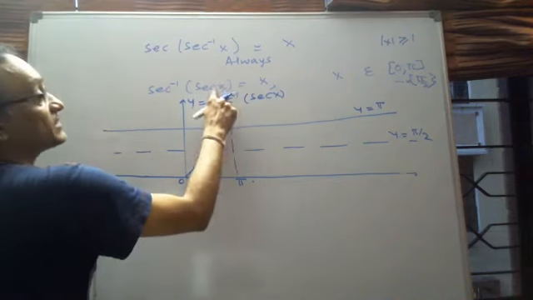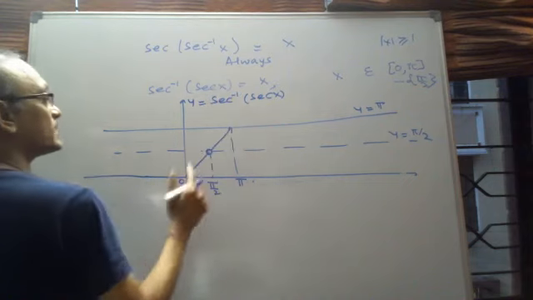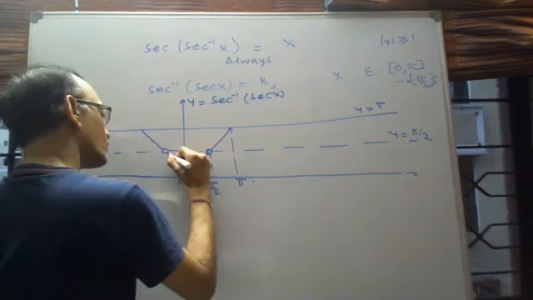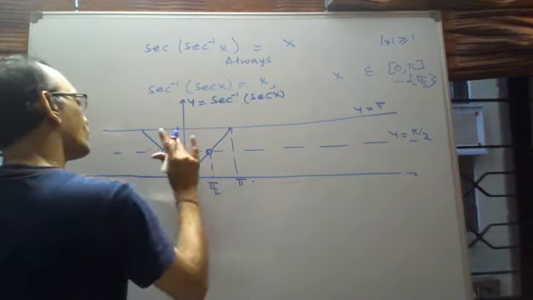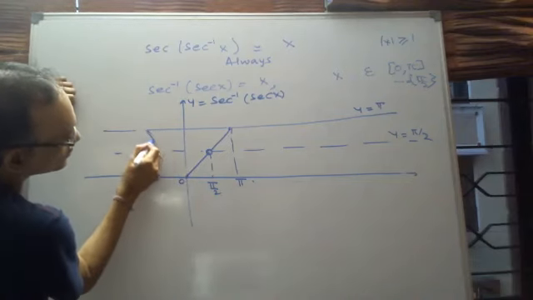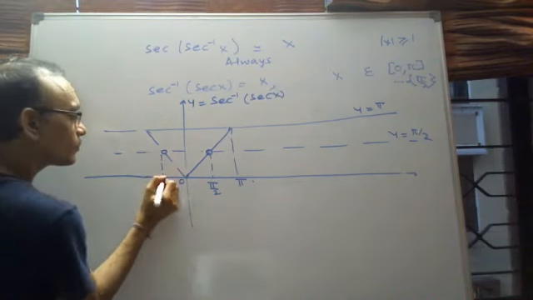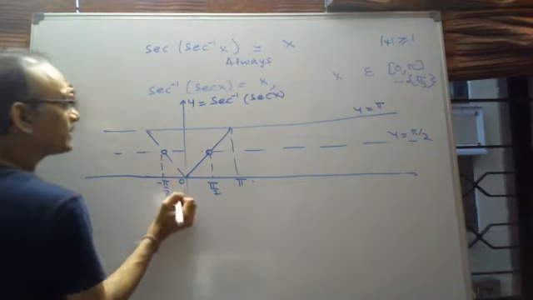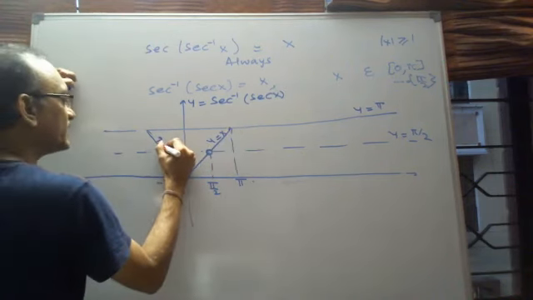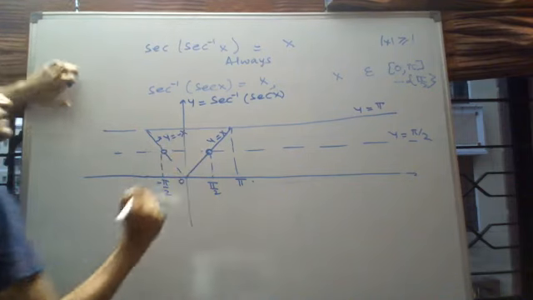Okay, this is an even function: if you put minus x in place of x, sec inverse sec x will remain the same. So this will come out like this. Minus pi by 2, making y equal to x. The other graph is y equal to minus x.